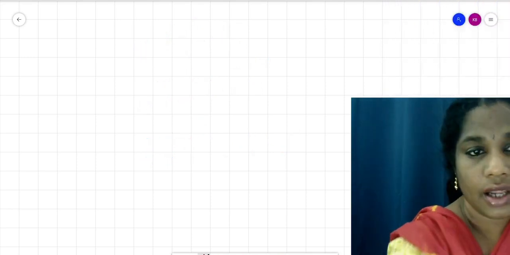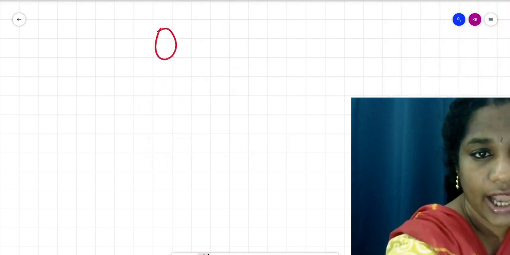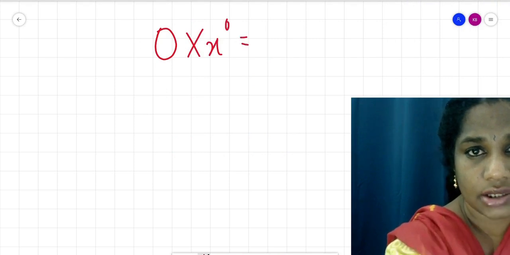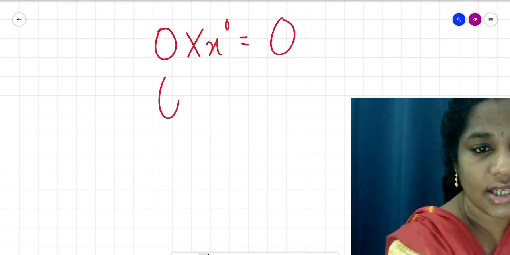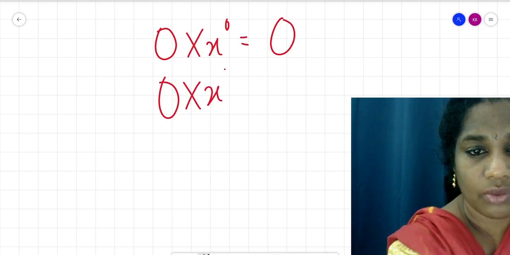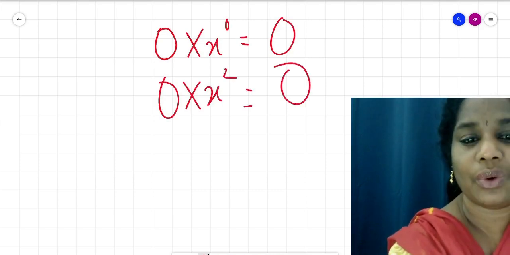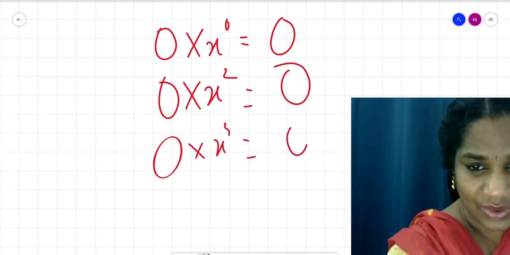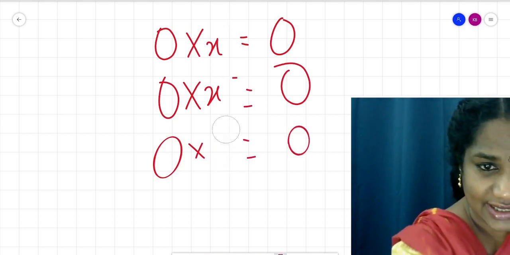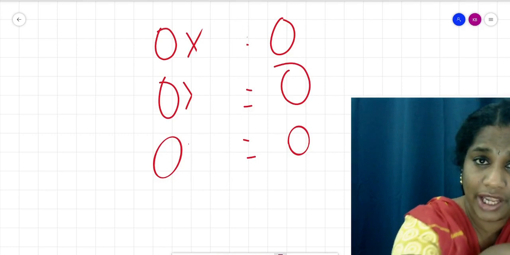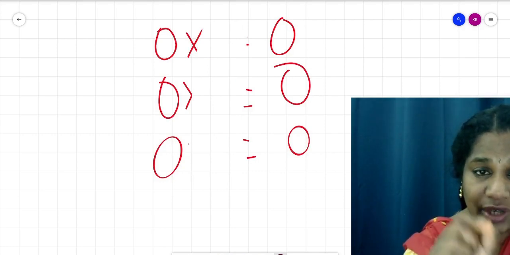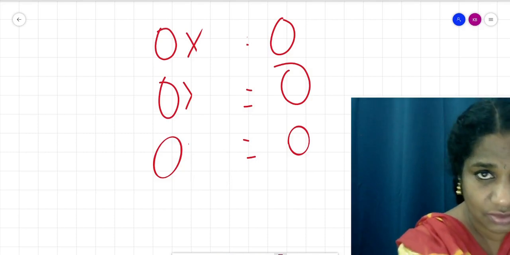But if it is 0, what happens? 0 into x raised to 0 is how much? 0. 0 into x raised to 2 is how much? 0. 0 into x raised to 3 is how much? 0. So now if I delete this, would you be able to tell me what power of x or what exponent of x was multiplied with 0?